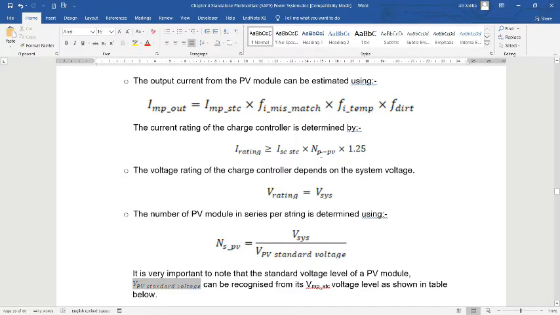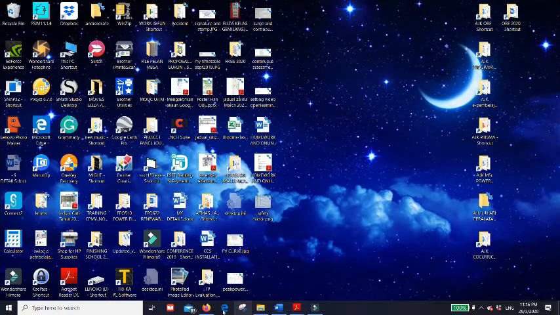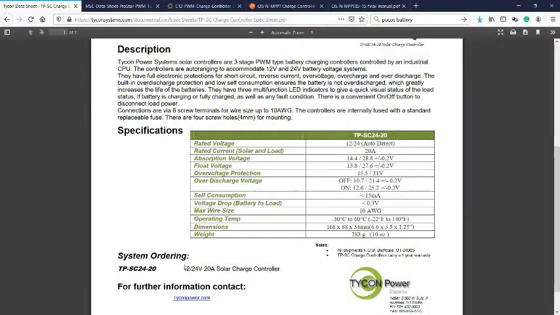Okay, let's say when you calculate this one, you get 18 ampere. So for the charge controller, this is 20 ampere. So this is suitable for you, 20 ampere, greater than 18 ampere.